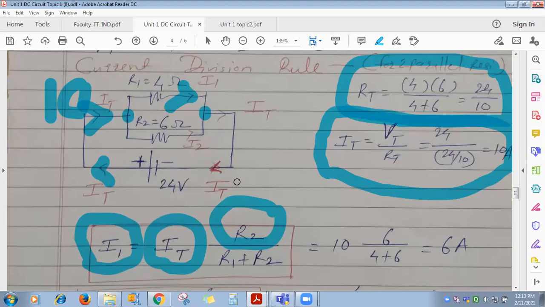Take any formula, for example, someone asked about copper losses. Suppose I am using 2 metals, one is copper, one is aluminum. Why are losses less in copper compared to aluminum?